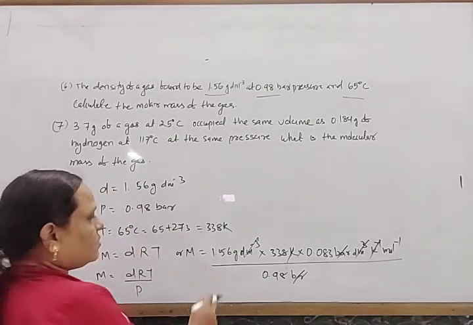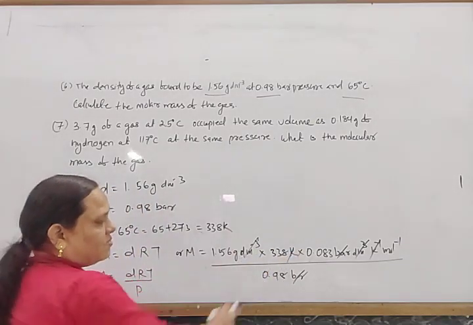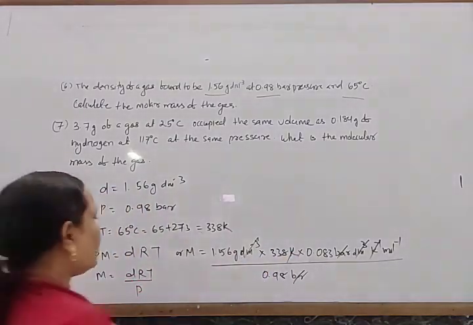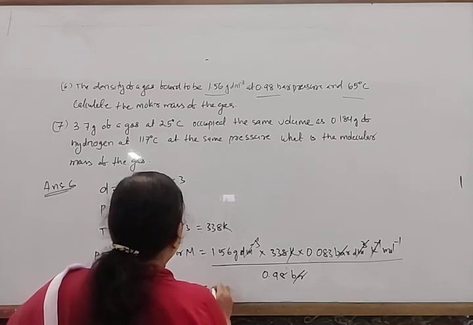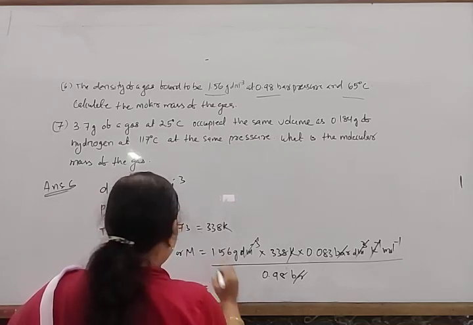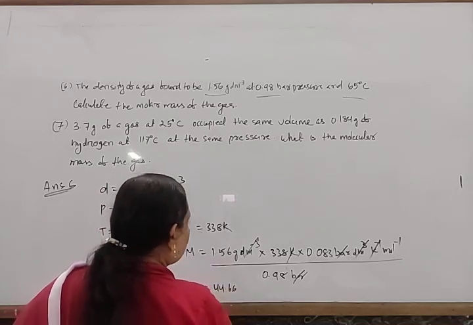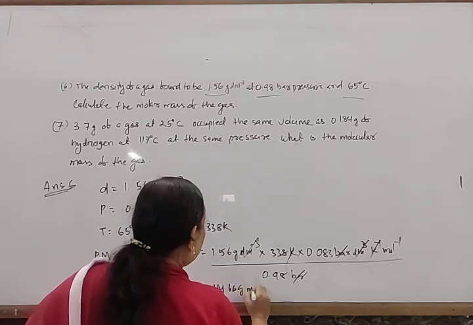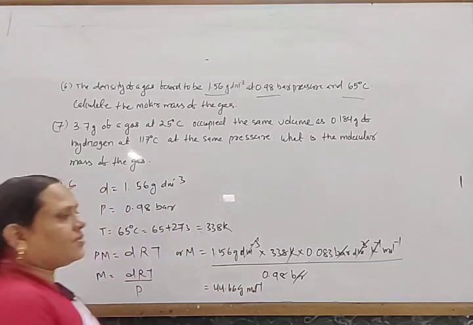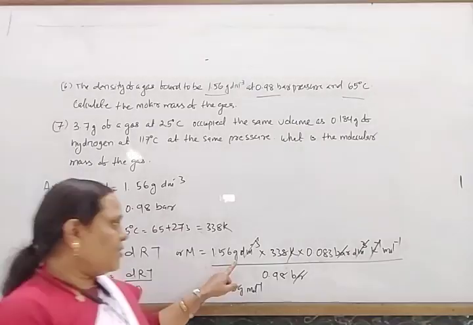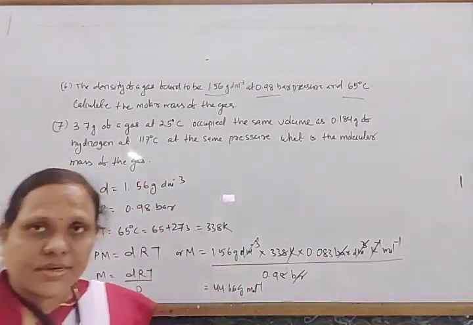Multiply all this and divide by 0.98 and you will find the molar mass is 44.66 g mol^-1.